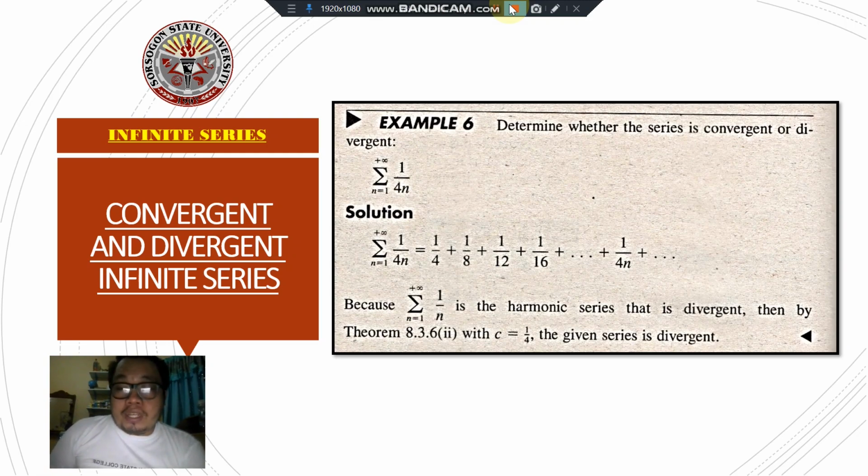So based on the previous theorem that we have encountered a while ago, if the given infinite series is divergent, and that is only multiplied by a non-zero constant, let's say, for example, in this case the constant is equal to 1/4, so the given series is divergent.